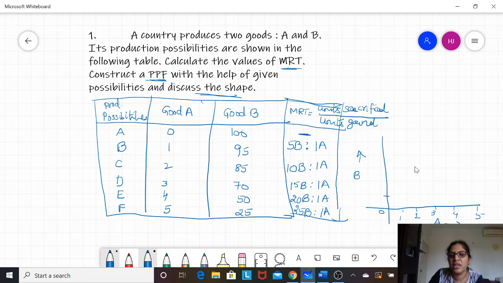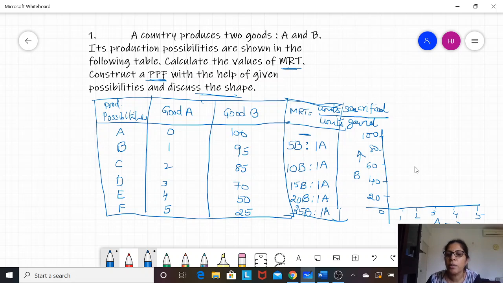I am just taking a very small scale. You can take 10, 20, 30, 40, but because of lack of space here, I'm just taking 20, 40, 60, 80, 100. Okay, if you take a bigger scale, your representative graph will be clear.